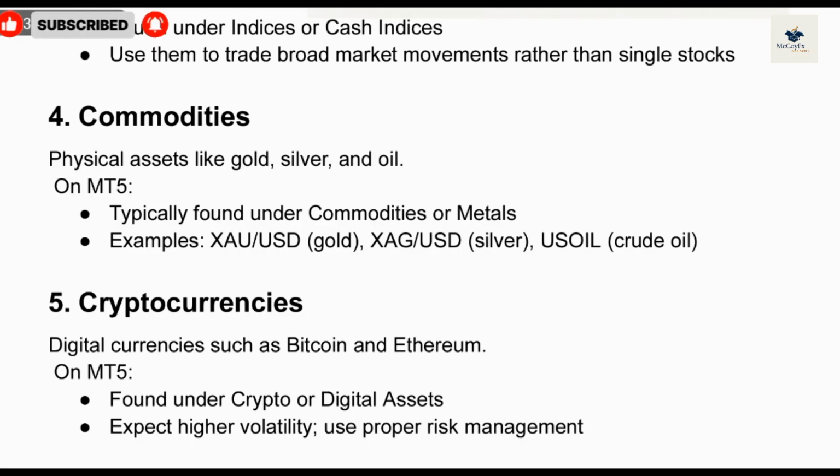These are physical assets like gold, silver, and oil, typically found under commodities and metals. Example, XAU against the USD, which is gold against US dollar. And we have XAG against USD, which is silver against US dollar. We have US oil, that is crude oil.